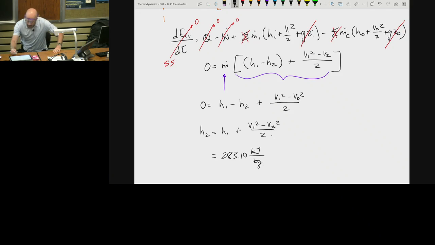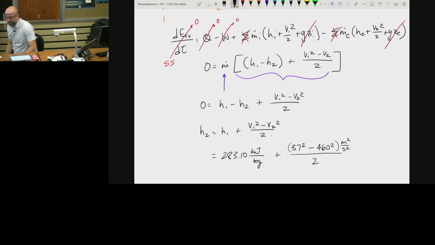Now I've got to put in my velocity information here. Plus my velocity information is going to be 37 squared minus 460 squared, with units of meters squared per second squared, divided by 2. I really wish I had been smart and picked a problem in English units today, because we're pretty comfortable with that now.